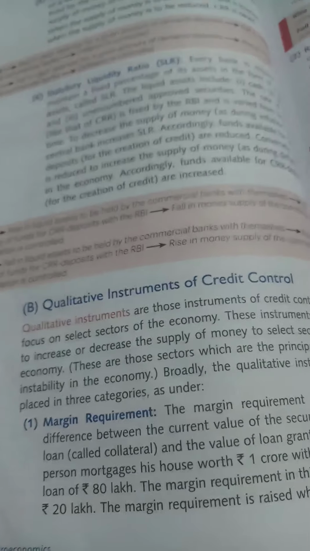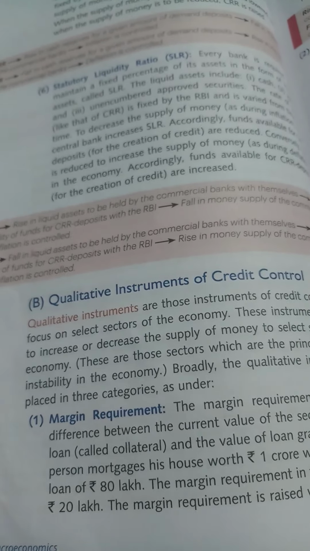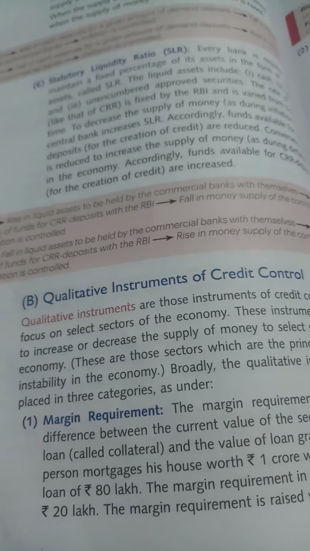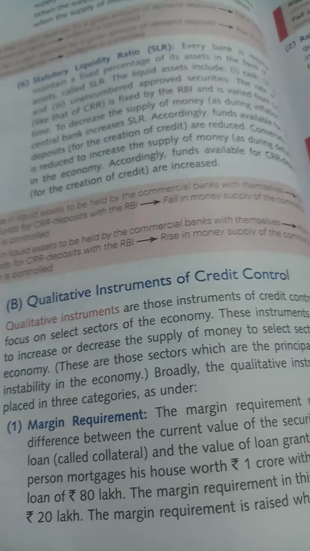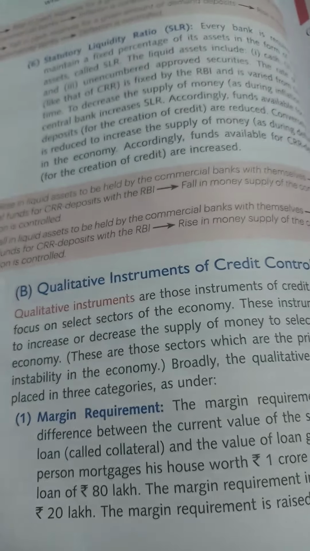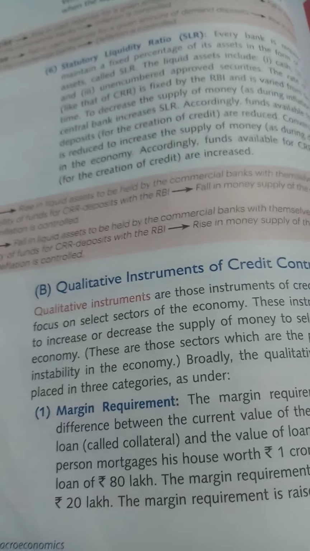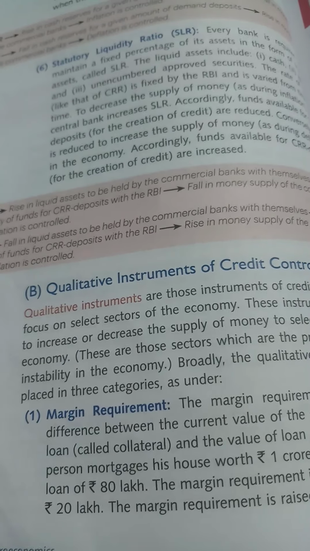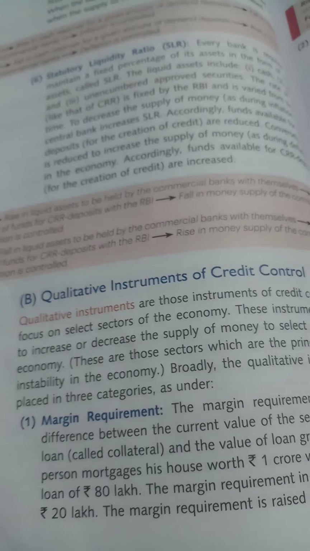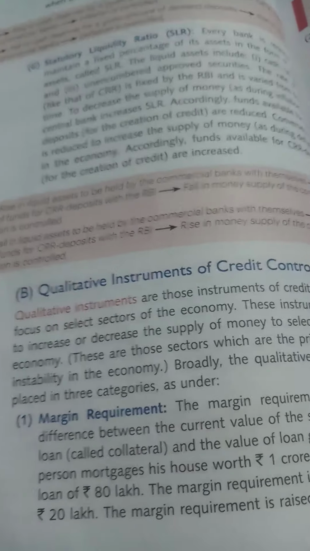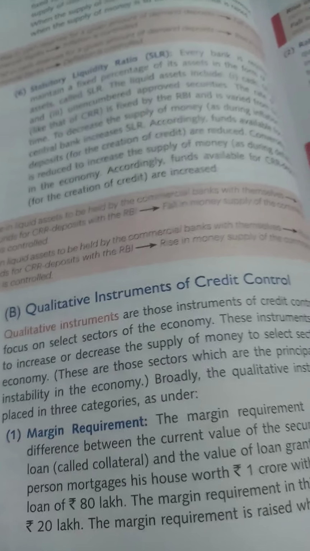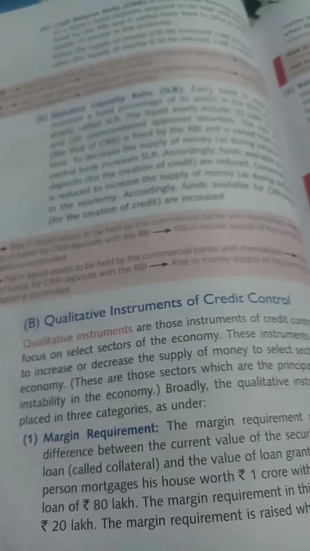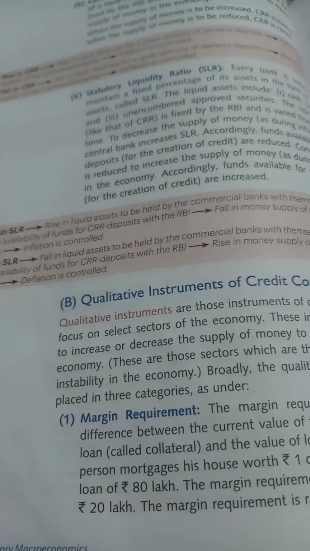When CRR is increased, a higher percentage of the bank's deposits goes to the RBI, so the banks have less money to give as loans to the public. The people receive less money, they demand less, and inflation is reduced.